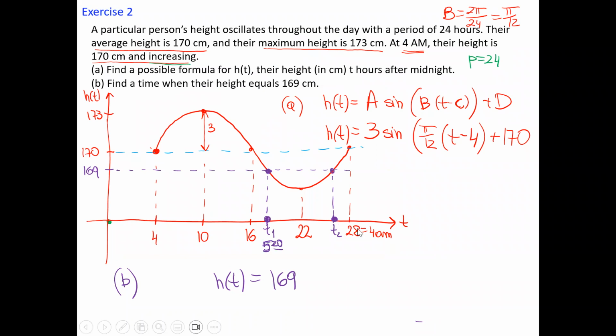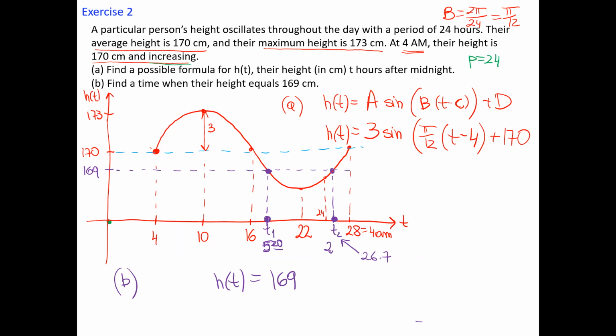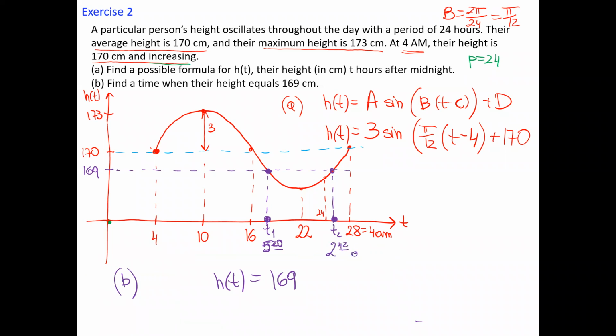And this one, we got 26.7, which is after midnight, 24 plus 2.7, so it is a.m. That means it's 2:42 a.m. Makes sense.